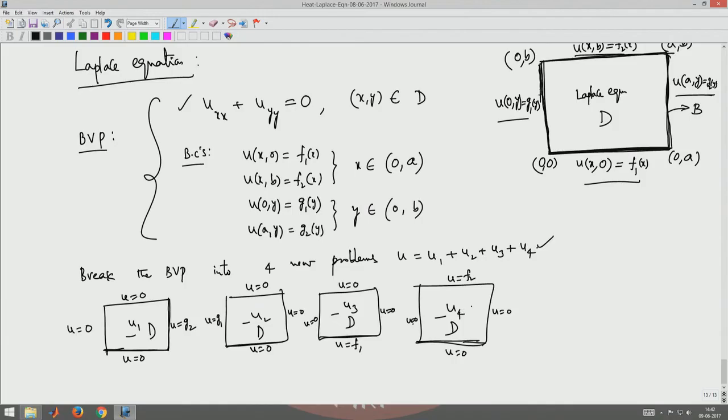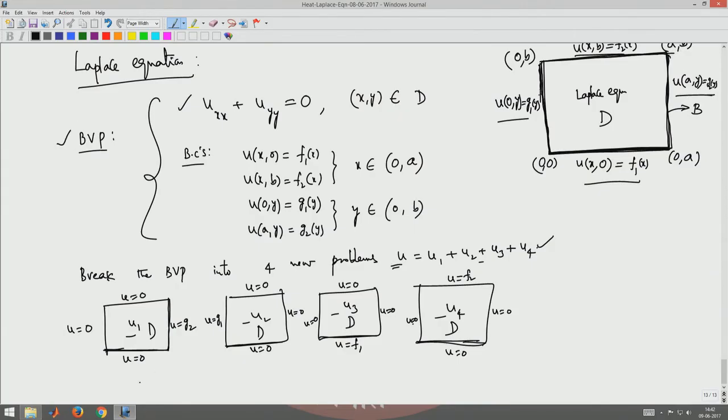And the boundary data you just split, distribute in some sense, so that for u the boundary is as it is. If you combine the boundary data for u1, u2, u3, u4, it will give you the boundary data for u. And since u1, u2, u3, u4 satisfy the Laplace equation, the sum also satisfies Laplace, which means you got u back.